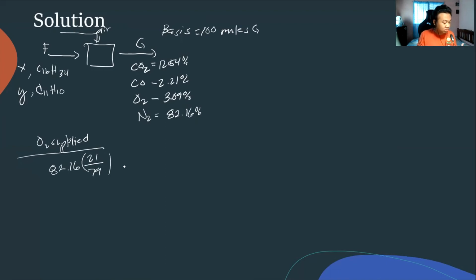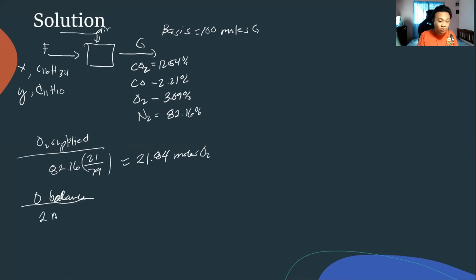Then you can get the O2 supplied as 21.84 moles O2. So we have to get the O2 balance. This is an element O balance, O balance, so we can get the unknown.